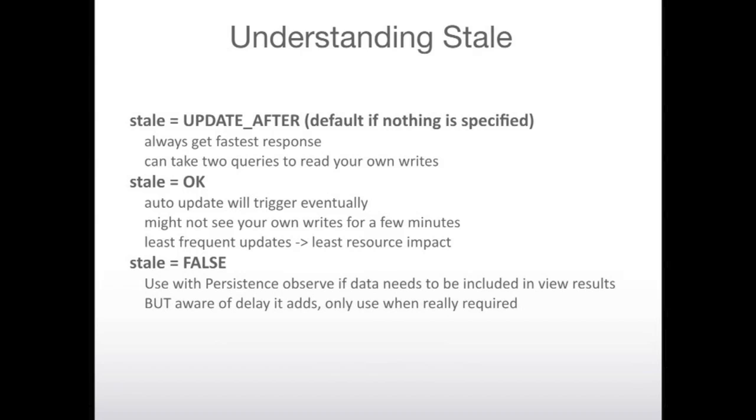So stale is probably one of the most talked about things when you get used to querying views. Like I said, we index in batches. What that means is documents get written to disk, and there are basically 3 different triggers that cause the indexers to update, to index the next batch of documents that have gone on disk since the last batch.